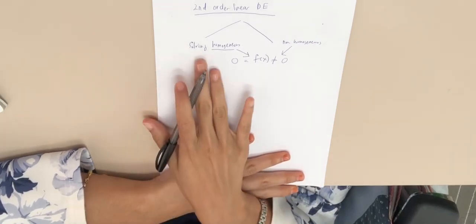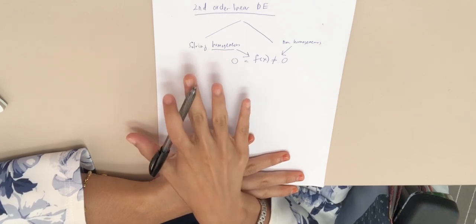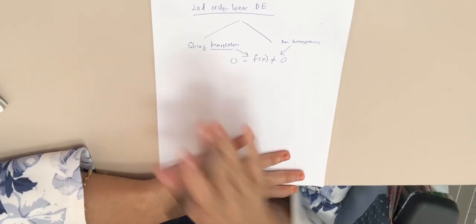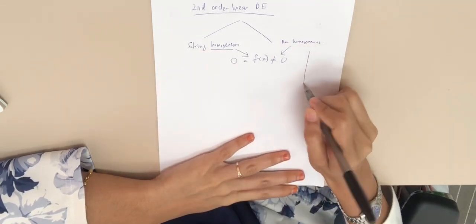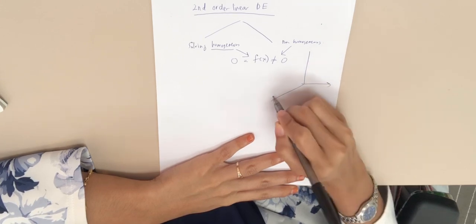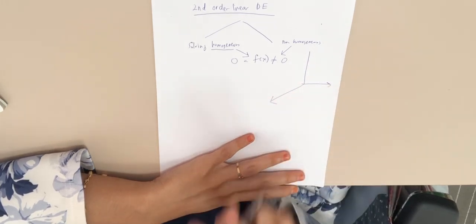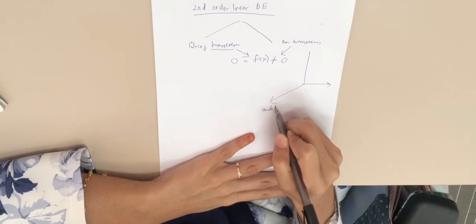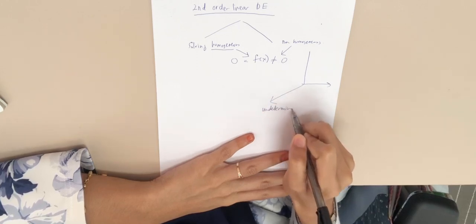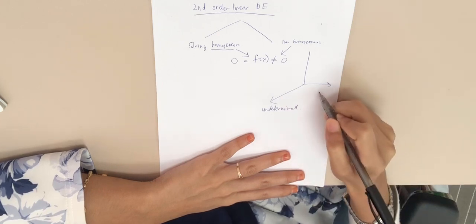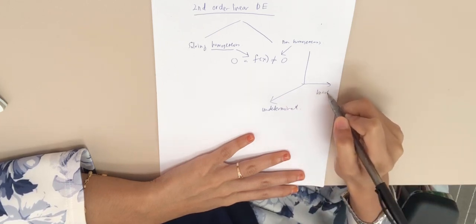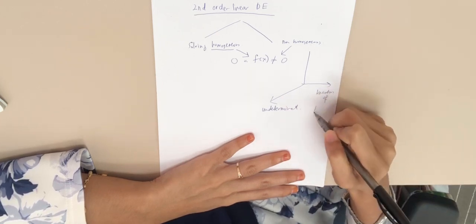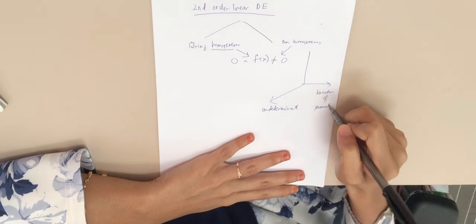For homogeneous, there is only one method to solve it. But for non-homogeneous, we have two other methods, which we call undetermined coefficients and variation of parameter.